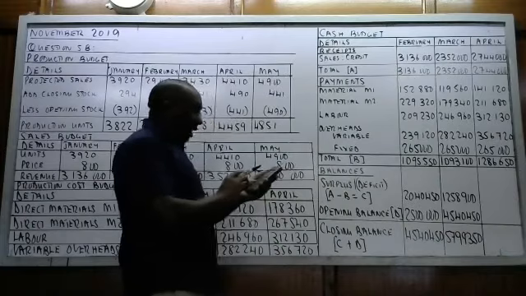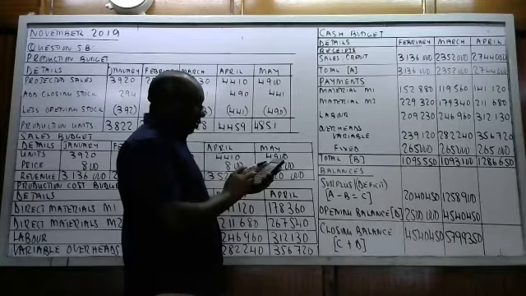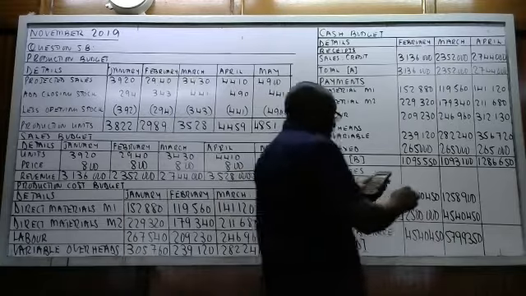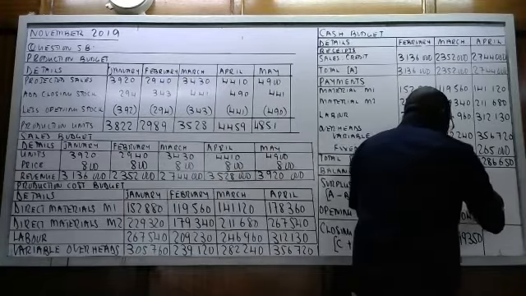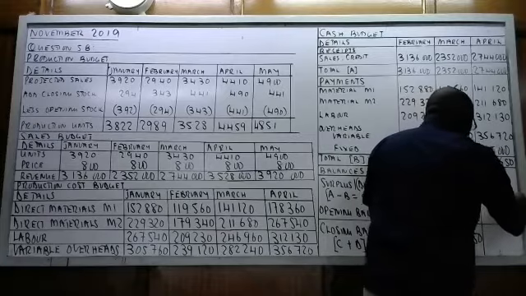So sasa ukichukua ile 2,744,000, you subtract this one, you get 1,457,350.